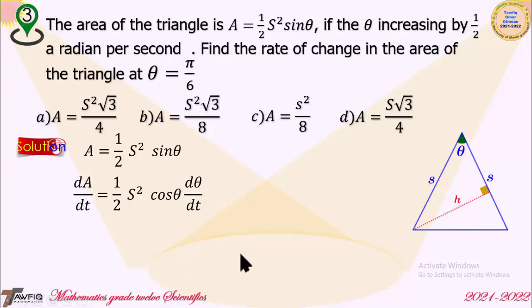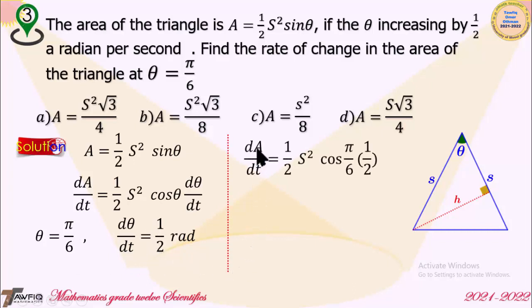And now replacing, theta is pi over 6 and d theta over dt is 1 over 2 radian per second. Therefore, dA over dt is equal to 1 over 2 s squared cosine pi over 6 times 1 over 2. 1 over 2 times 1 over 2 is 1 over 4 s squared.